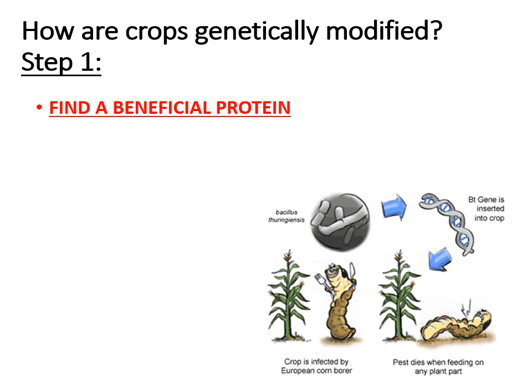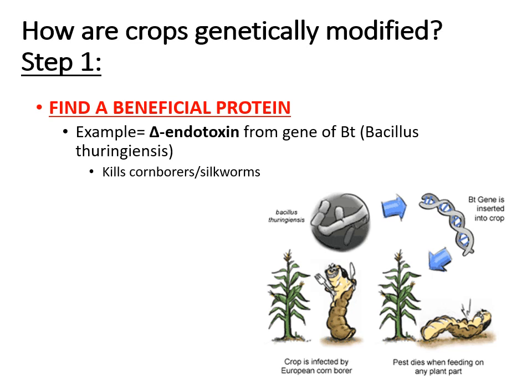When I say find a beneficial protein, a big example of this is when they found the delta endotoxin, a protein produced from a gene of a bacterium known as Bacillus thuringiensis. With this Bacillus protein, this particular toxin can kill specifically corn borer and silkworms without harming other organisms.